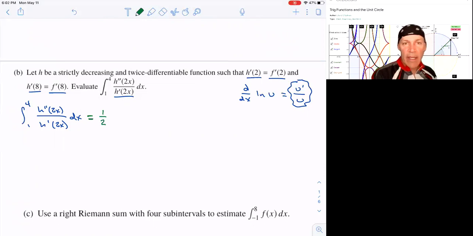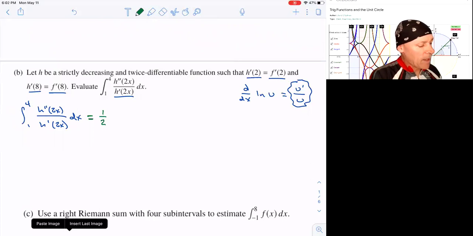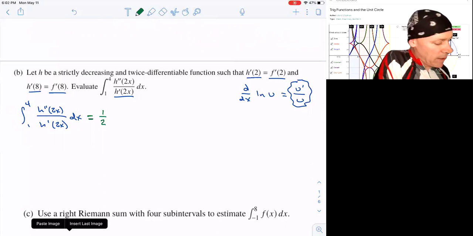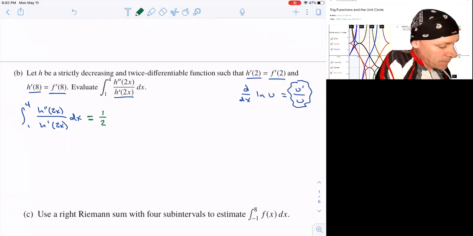We have that 1/2 to take care of that 2 in h prime of 2x. Think of it this way: if I was taking the derivative of h prime of 2x, I'd have to multiply by the 2. Because I'm integrating, I'm going to divide by the 2 or multiply by 1/2. So this is going to be 1/2 of the natural log of 2x.